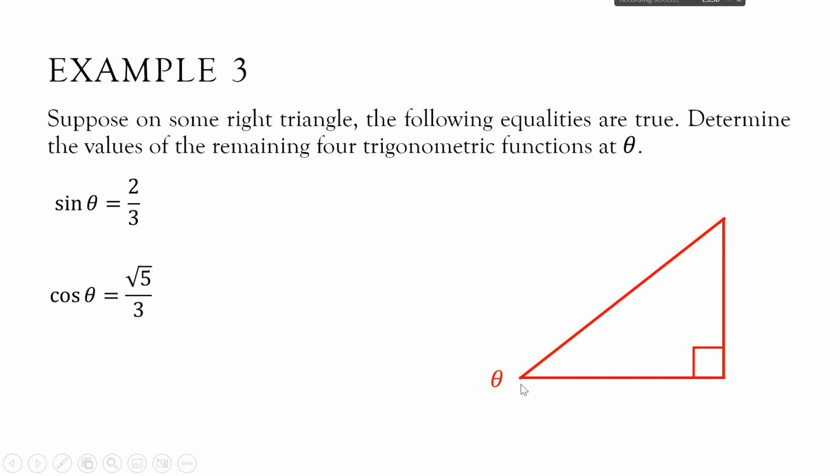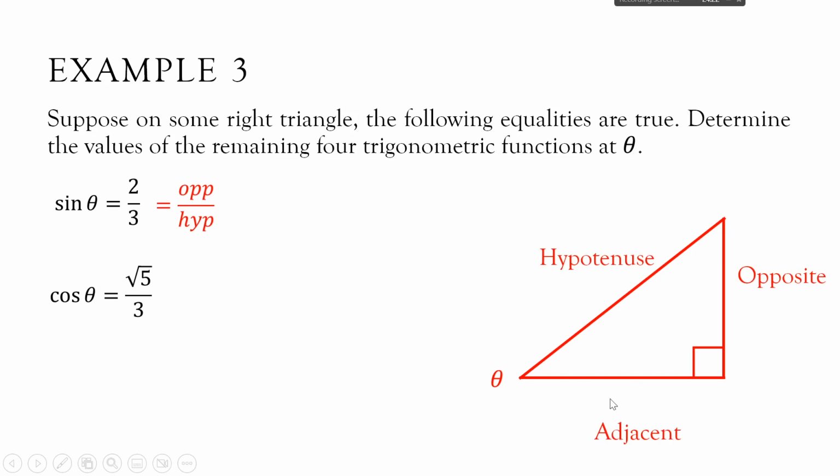So, what can I do with this triangle? How can I fill it out? I know I need all 3 sides of my triangle to get all the trig functions, but right now it looks like I have none of the 3 sides. Well, actually we do have a couple of the sides. We know that sine of theta is 2/3. Remember, sine is equal to the opposite over the hypotenuse.